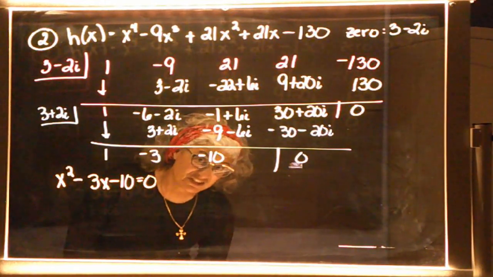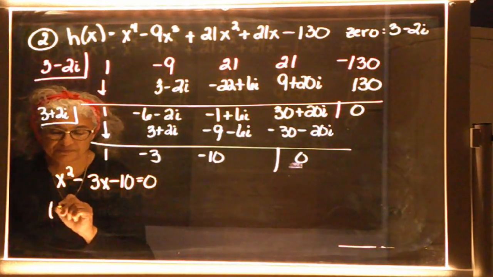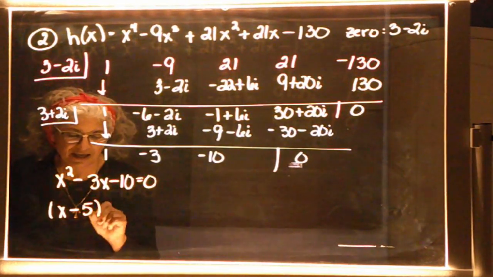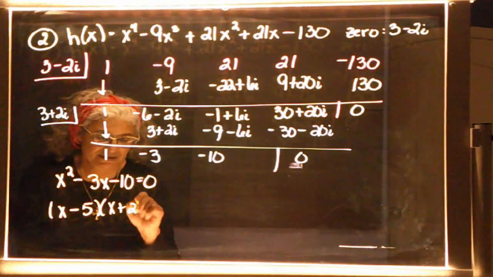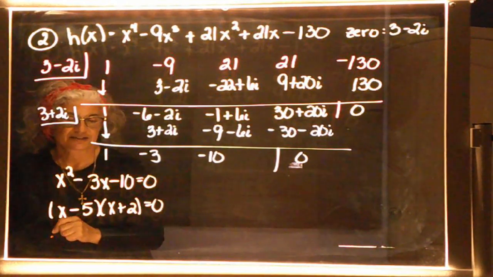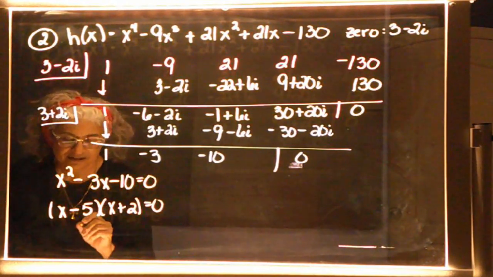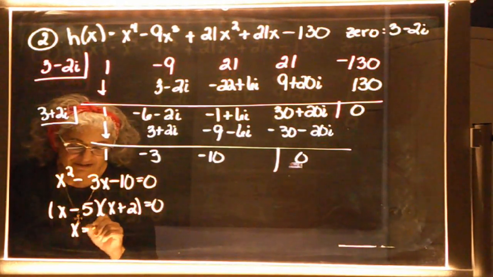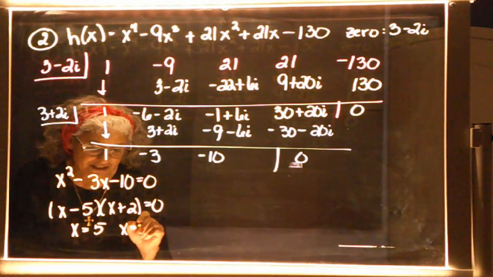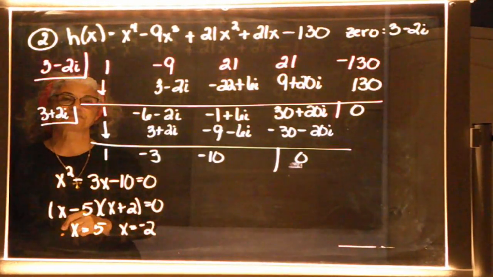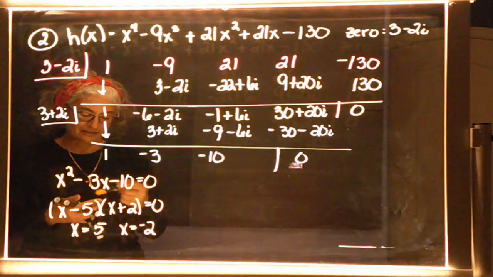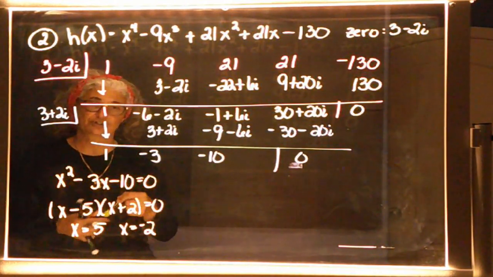Does it look like it factors? I think so. Looks like we have... Good, because that gives me the negative 3x. There we go. So it looks like our last two answers are a positive 5 and a negative 2, aren't they? Okay, so we have 4 solutions.